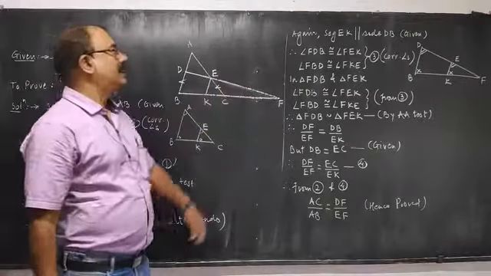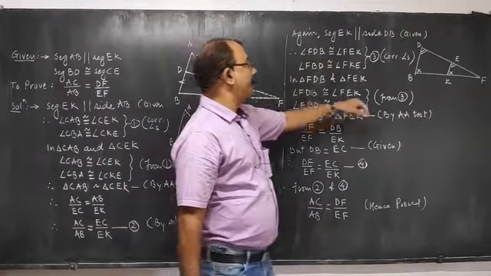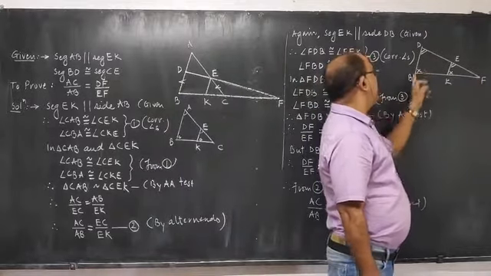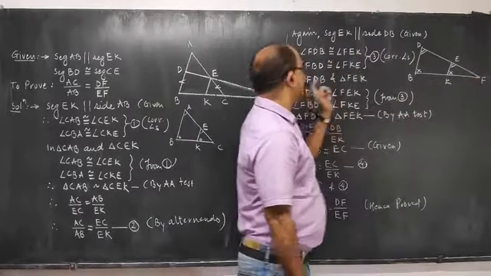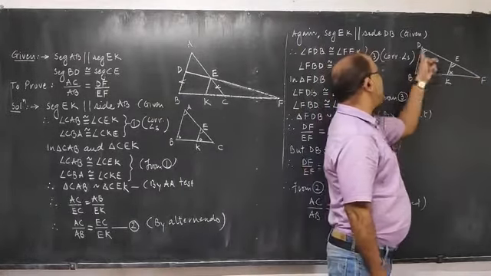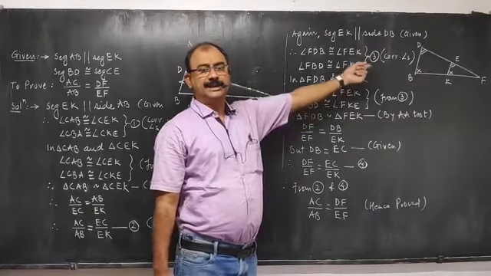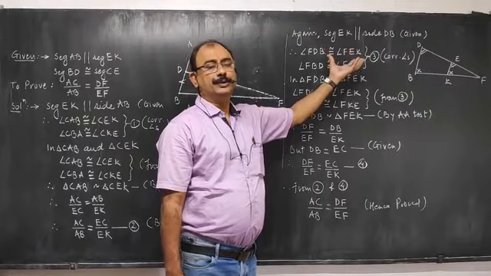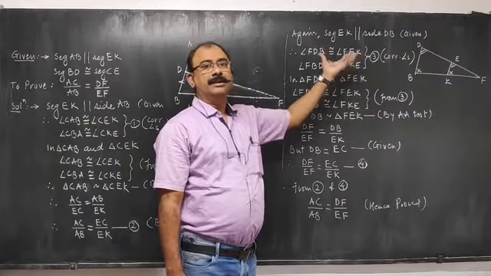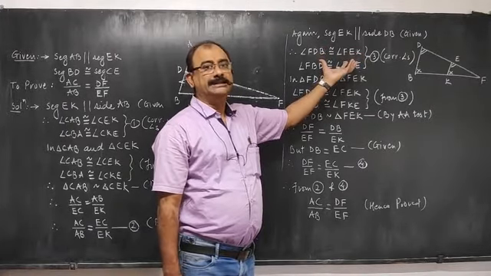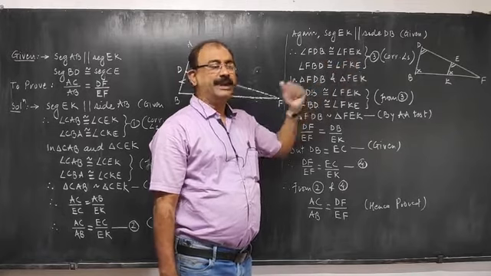So I have written angle FDB is congruent to FEK. Then FBD is congruent to FKE. Same thing is written here, because these are corresponding angles. And we have used the same congruence of two pairs of angles to prove that the triangles are similar.